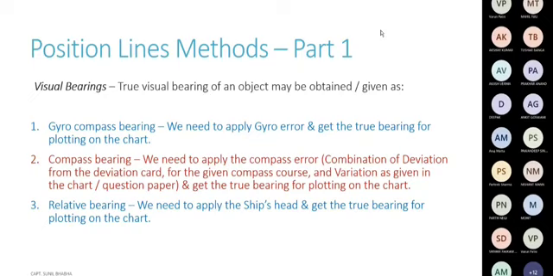Right, beta, that's right. If you have a relative bearing, you have to add the true course, or better than true course, you call it ship's head. Whatever direction the ship's head is pointing, you add that value to the relative bearing, and when you add it, it gets converted to true bearing.